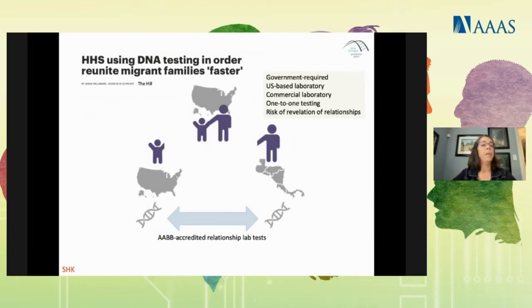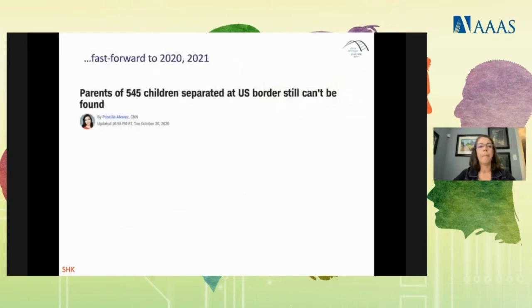It also was not well designed in that they were using one-to-one DNA testing through private commercial laboratories, which could potentially penalize the non-genetic families if they were found to not be related, which would prolong the separations of those families, and it could also reveal some private information about these families.